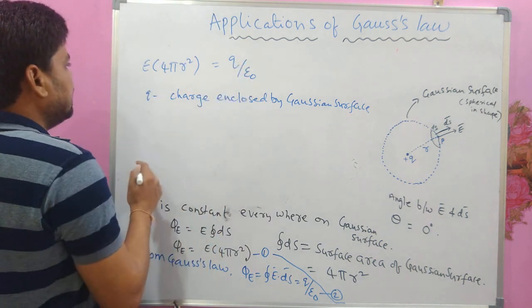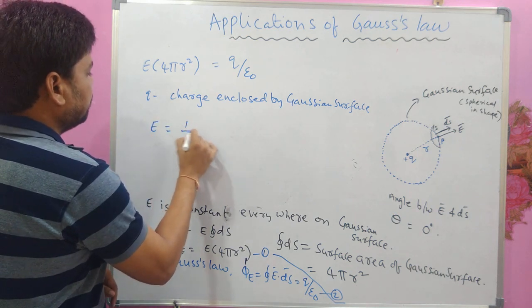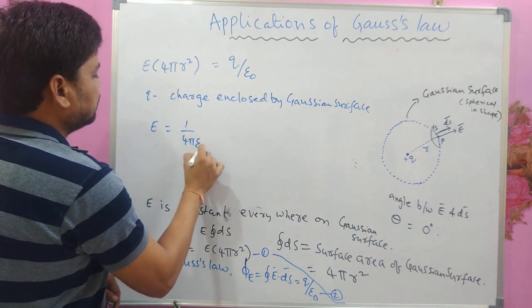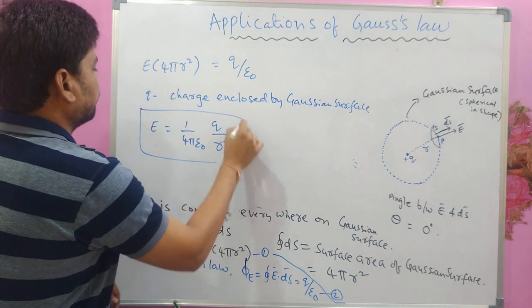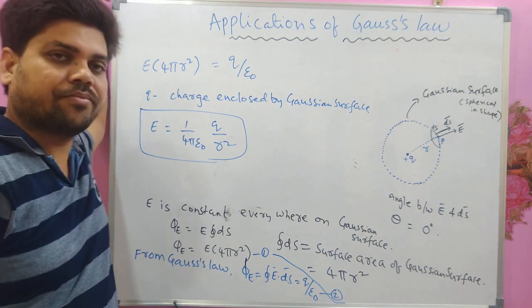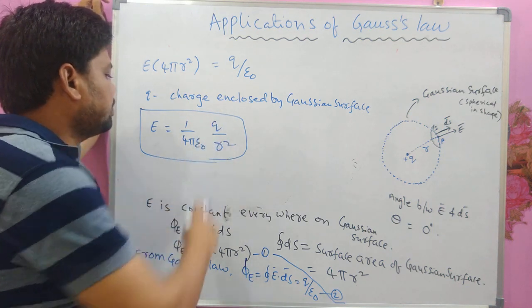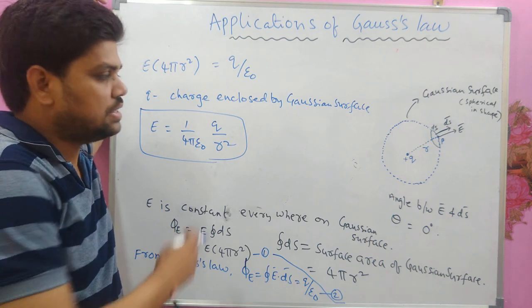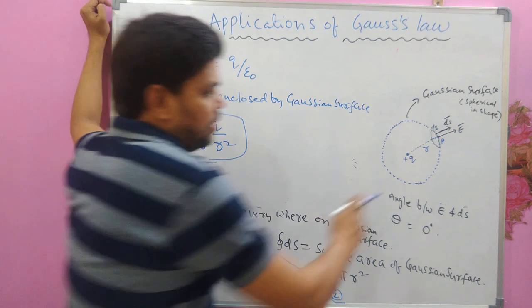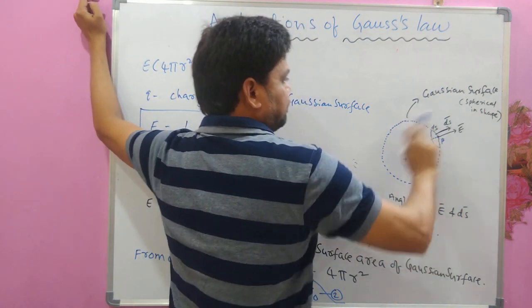Right? So by this we get E is equal to 1 by 4π epsilon naught times Q by r². What is its direction?